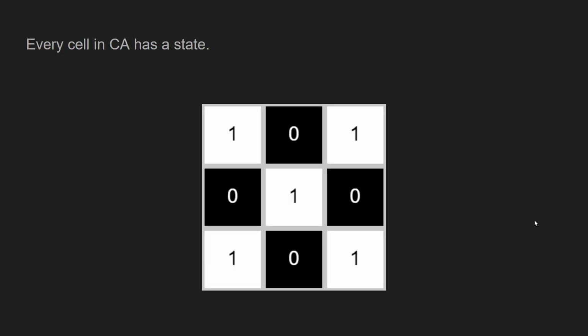Every cell has a state. States can be different depending on the context. For example, we can have cells alive or dead. We can represent the alive state as number 1 and the dead state as number 0. So every cell would be either in state 1 or state 0.